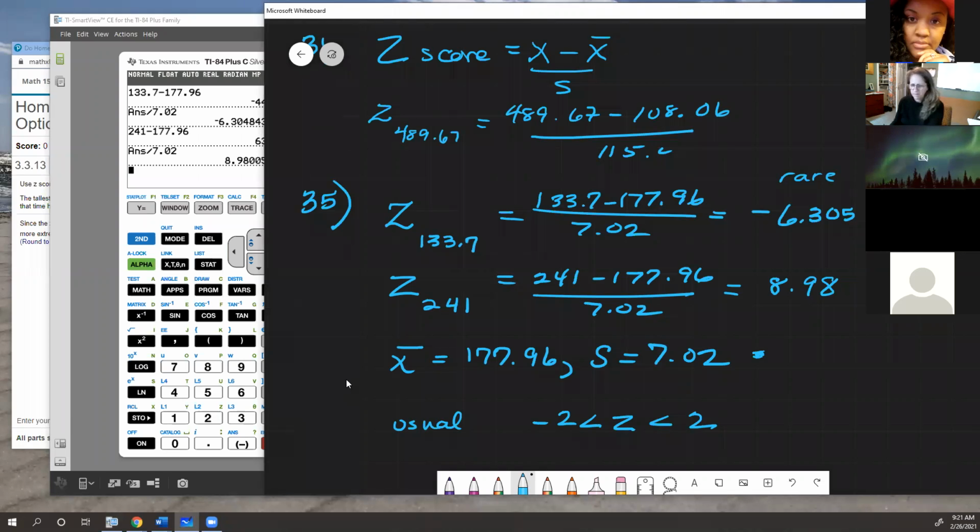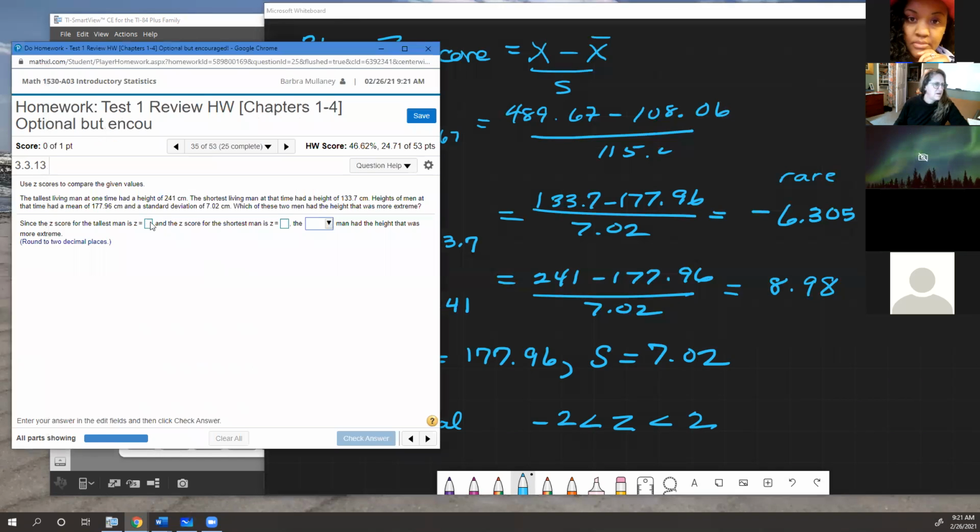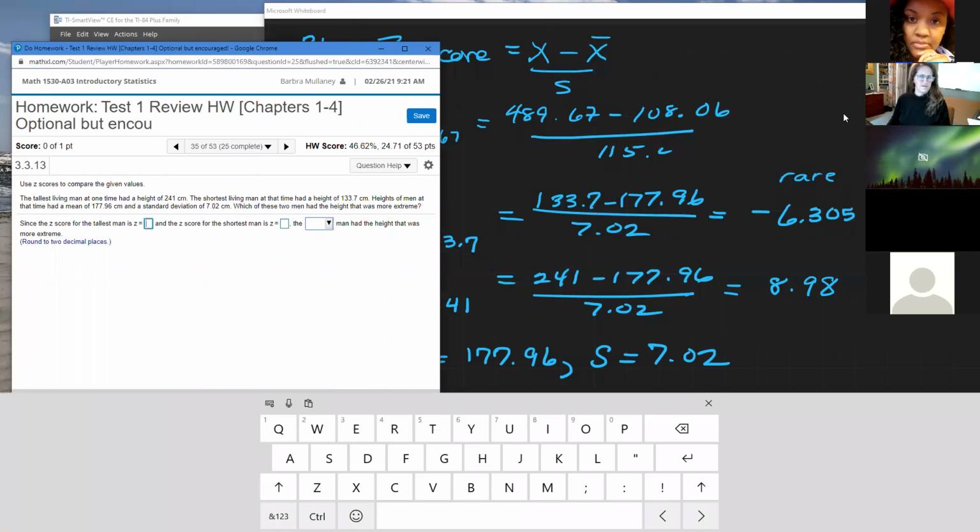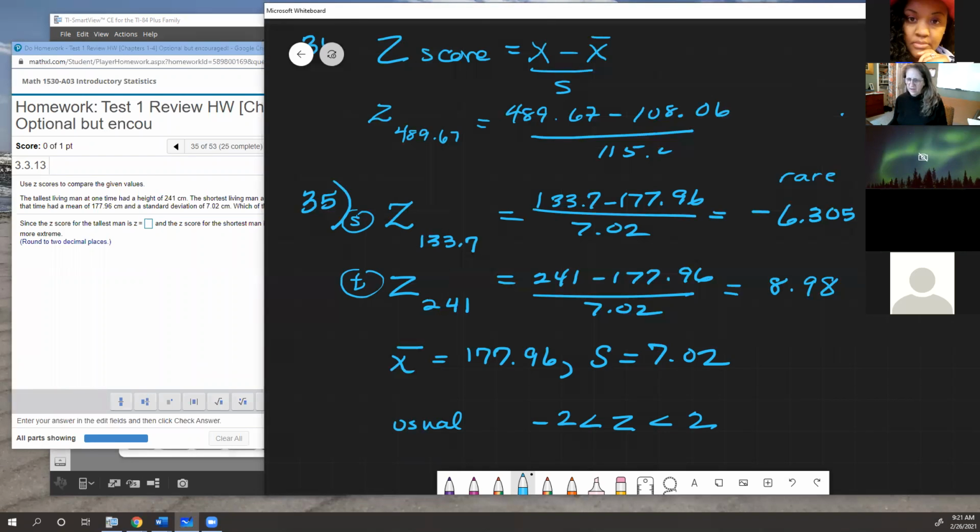So, all right, this is the shortest man, this is the tallest man, right? Which of these men is more extreme? The tallest man on earth or the shortest man?